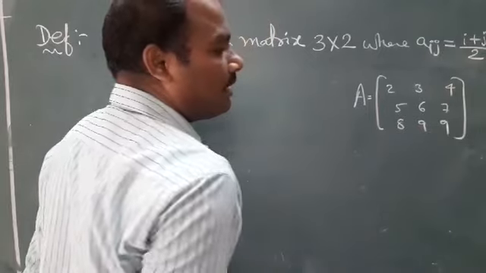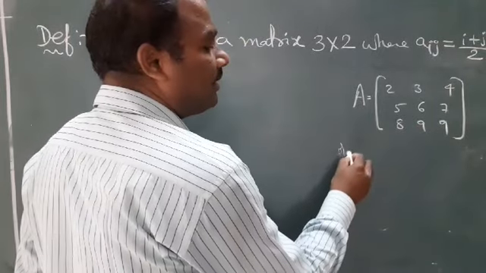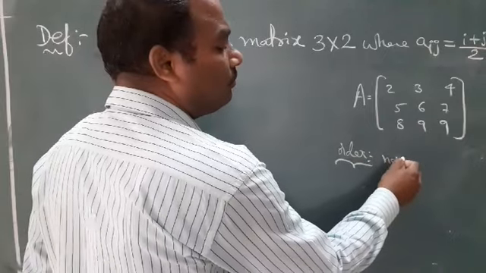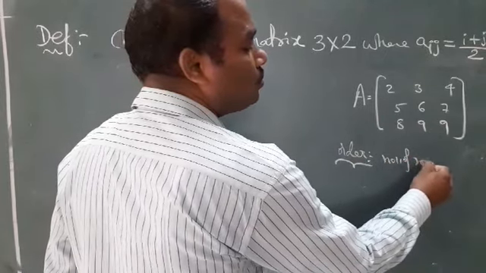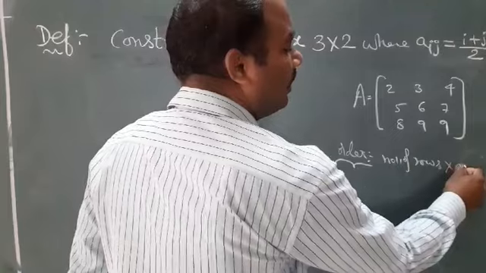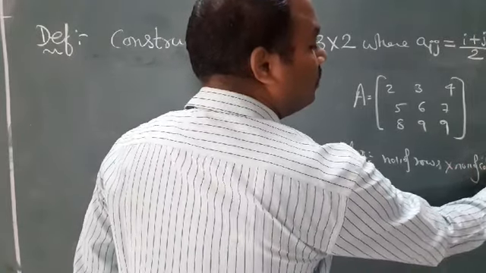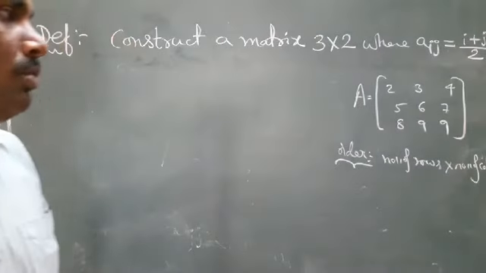Here, what is the definition of order? Order क्या है? Number of rows into number of columns.